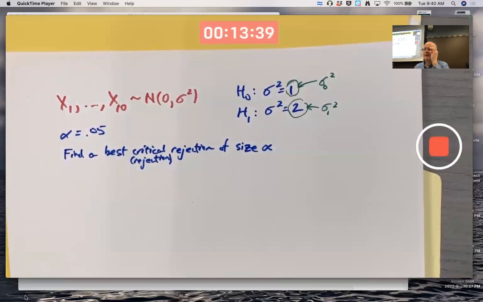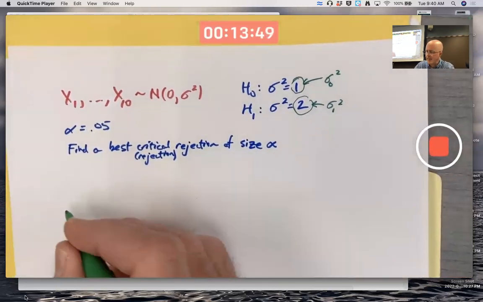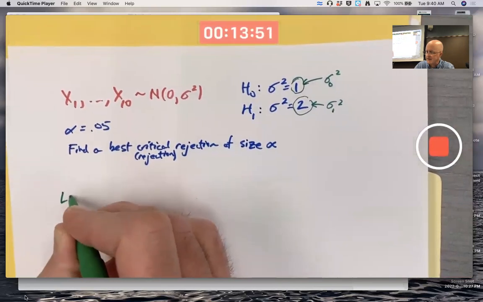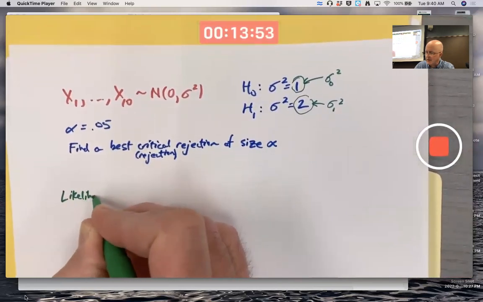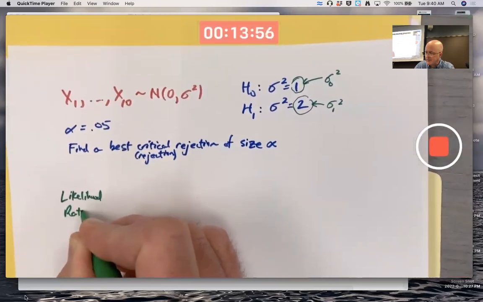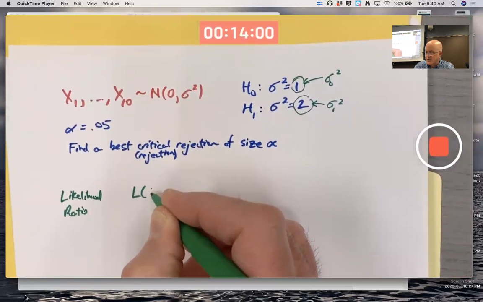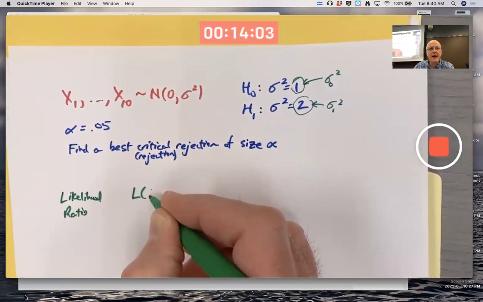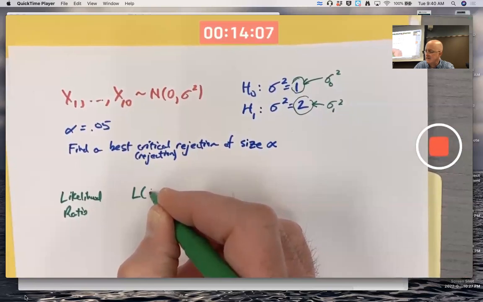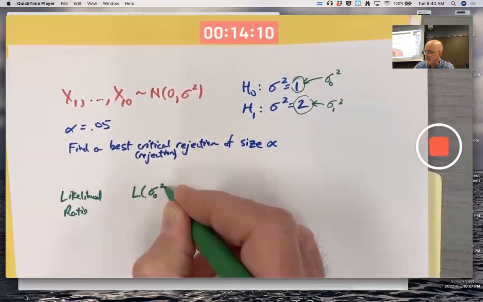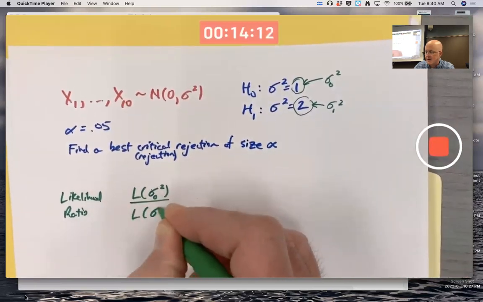So by the Neyman-Pearson lemma, what we need to look at is the likelihood ratio, which means we should first figure out the general likelihood function. Well, I could just go ahead and start computing the ratio right away. So again, here's the likelihood ratio. In the general case, it was L of theta 0 divided by L of theta 1. The theta here is sigma squared, so I could write L of sigma sub 0 squared divided by L of sigma sub 1 squared.